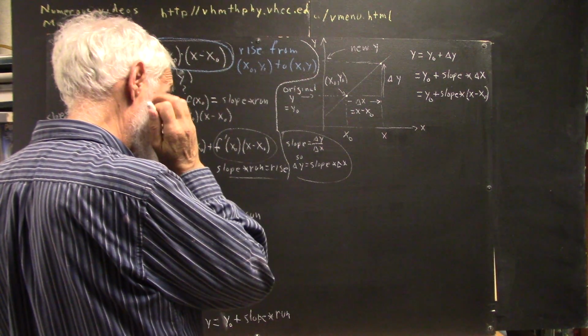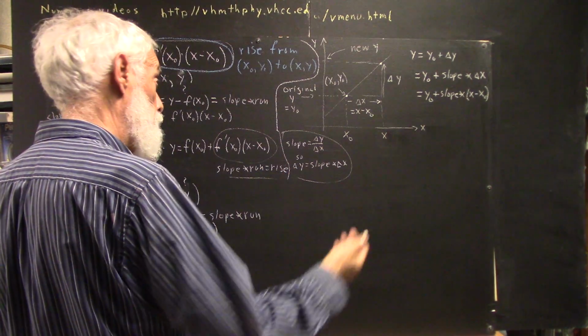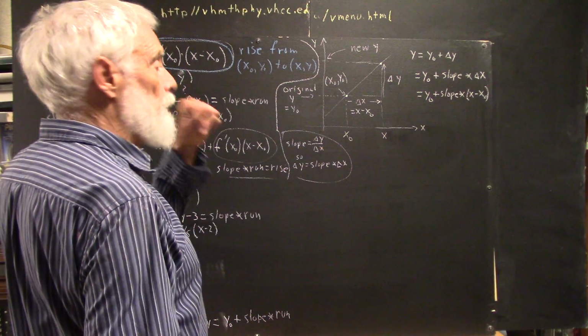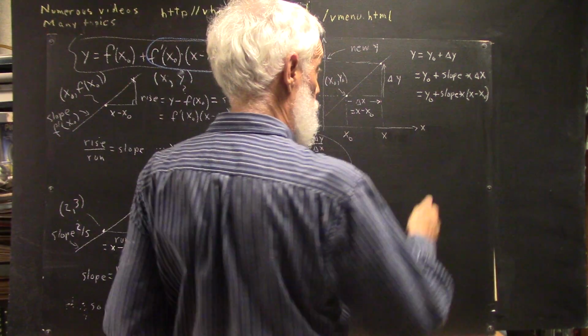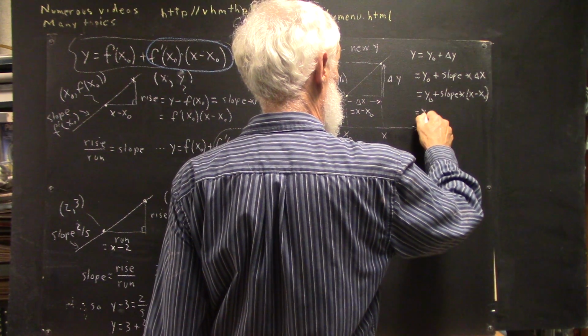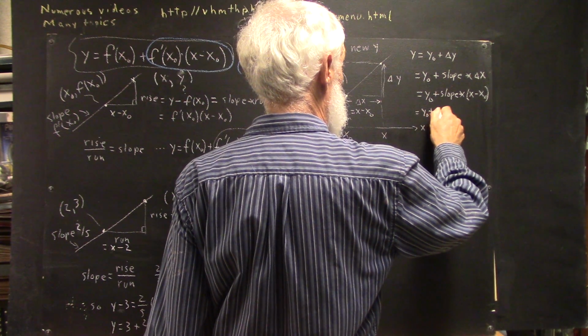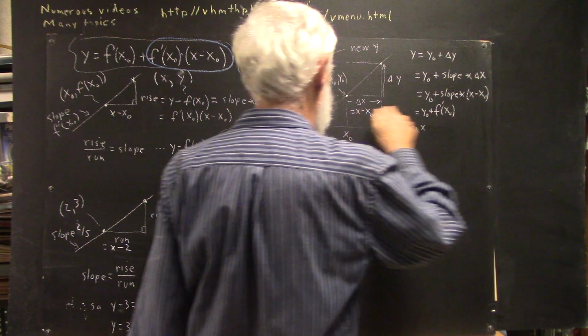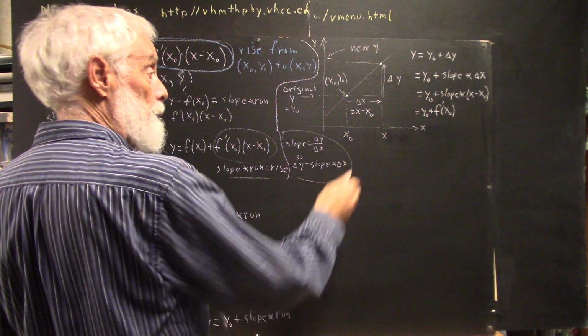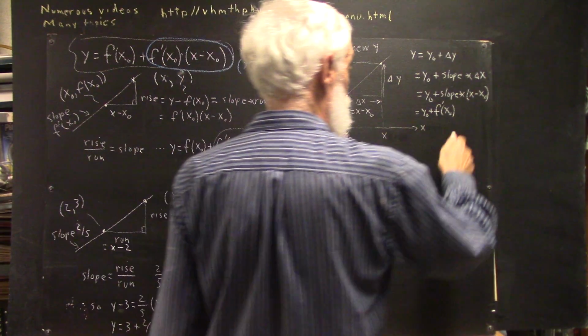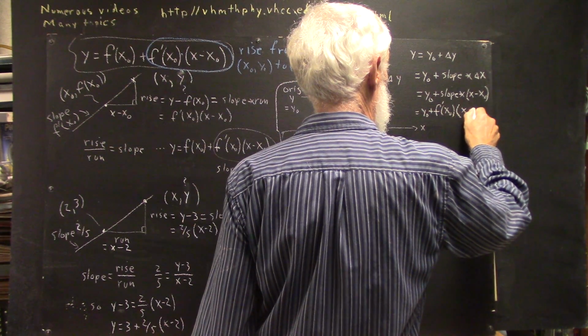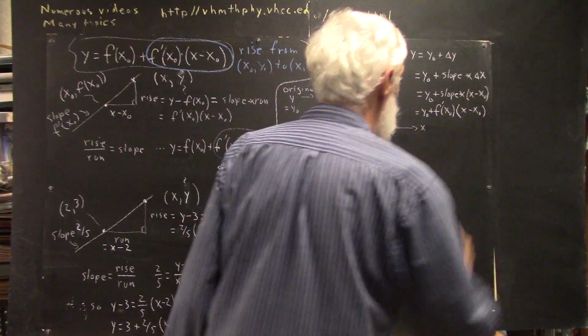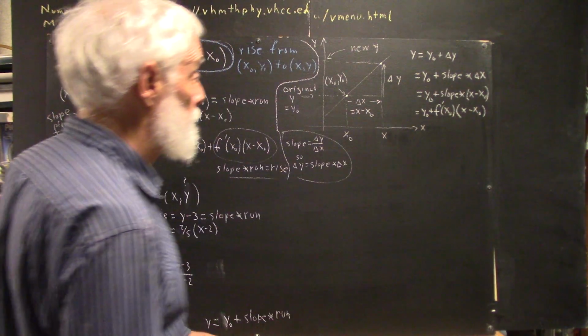Okay? And of course then, if we have a function f of x, the equation of our tangent line, assuming this is our tangent line, is y equals y naught plus slope, which is f prime at the point of tangency, which occurs at x naught, multiplied by x minus x naught.